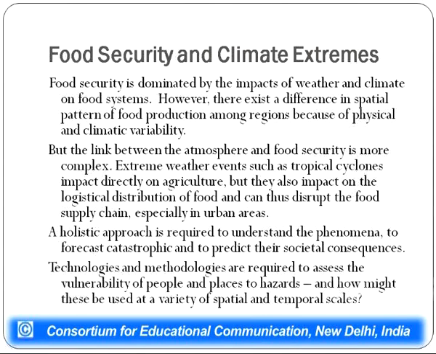A holistic approach is required to understand the phenomena, to forecast catastrophes and predict their societal consequences. Technology and methodology are required to assess the vulnerability of people and places to these climatic hazards, and how might these be used at a variety of spatial and temporal scales.